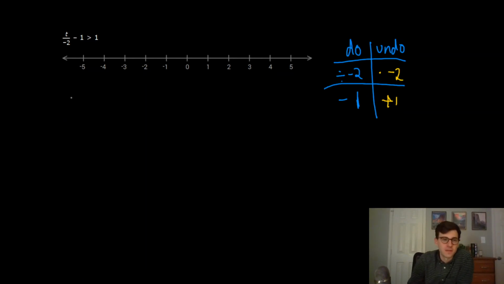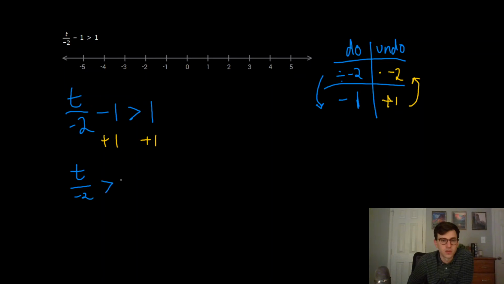Okay, so let's try that. t divided by negative 2 minus 1 is greater than 1. I add 1 first to both sides, because remember, I go this way and then that way because I'm undoing. Add 1: t divided by negative 2 is greater than 2.